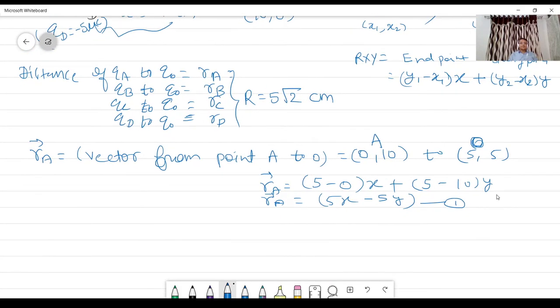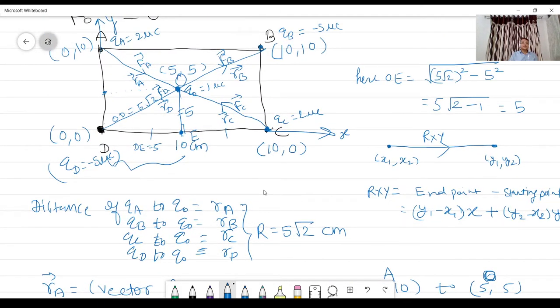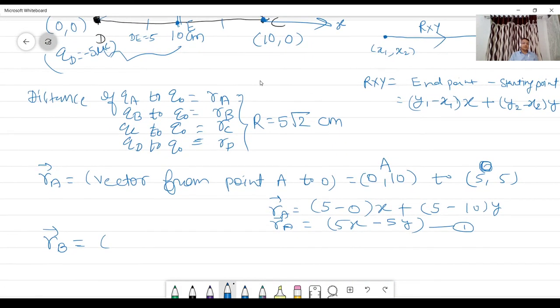So here I'll find the RB vector. If I look at the diagram again, it is not from B to O. As per the given direction, it is from O to B, as it is an attraction force.